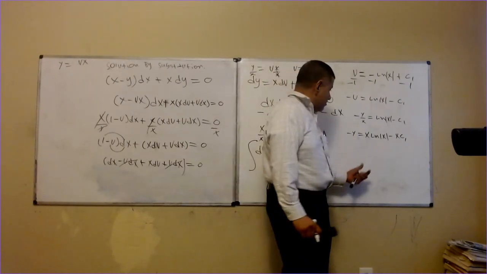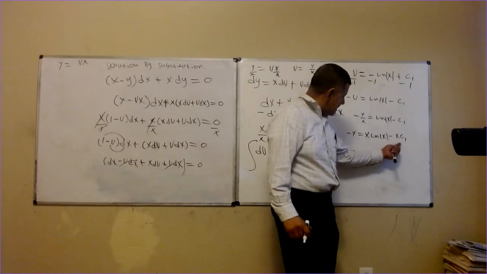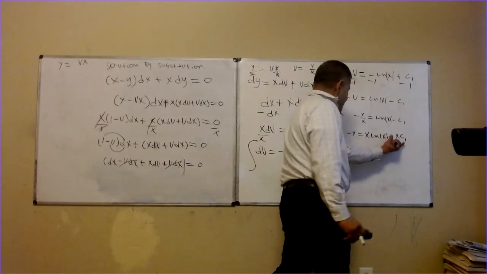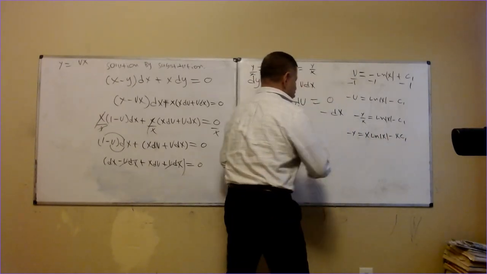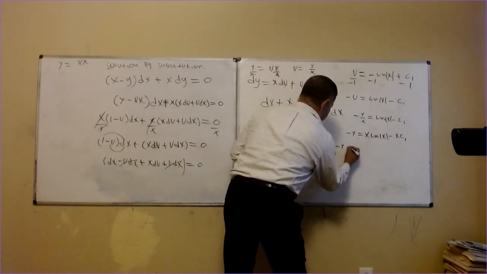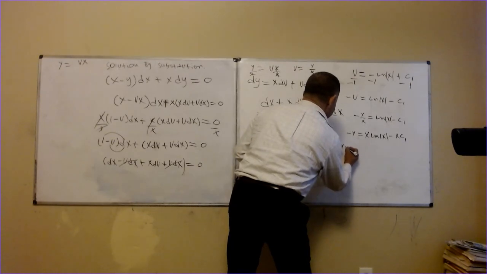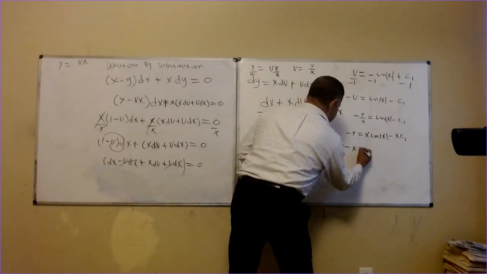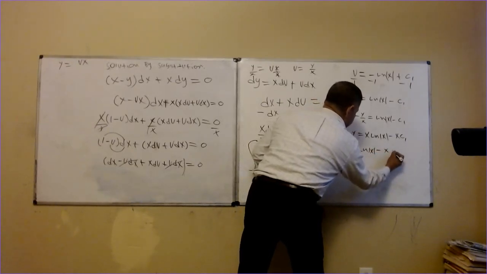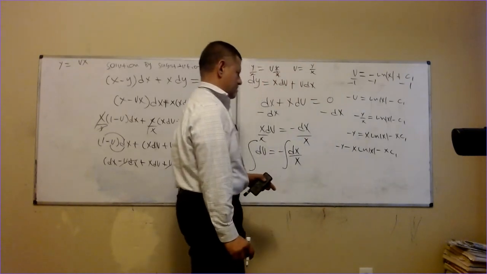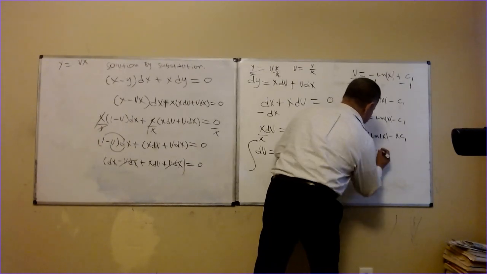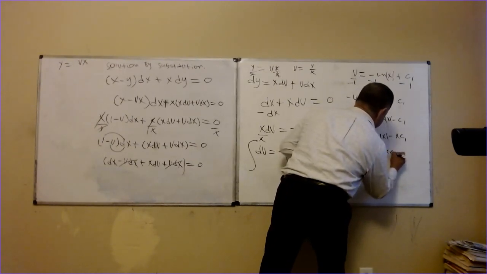Okay, so now I need the x c1 by itself. I need somehow to group these things. So now what I can do is move this to this side, and I get negative y minus x ln x equal to minus x c1.